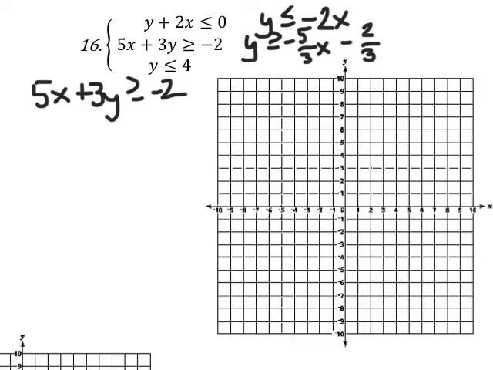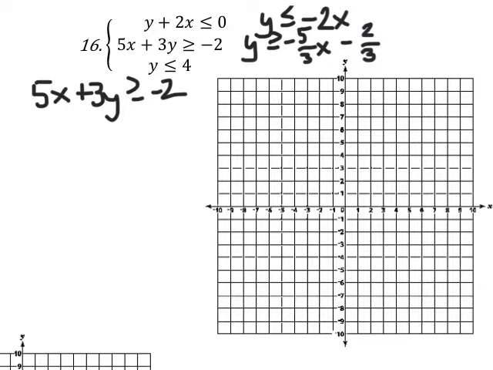Alright, but I'm going to keep that slope-intercept form just because it gives us a slope. All we need to do is find a point that gives us two integer values for both y and x. And it looks like the y-intercept here is 0, negative 2/3. So that's not going to help us out. But also the x-intercept looks like it's going to be a negative 2/5. So that's not going to help us either.